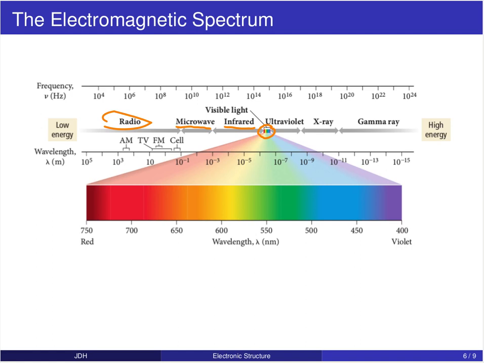And then you go to even shorter wavelength light. We get to the ultraviolet, then X-ray, and ultimately gamma rays. Now, this is kind of an eye-opening figure to see. The electromagnetic spectrum that we are designed to detect is only a small little region in a vast spectrum of electromagnetic radiation.